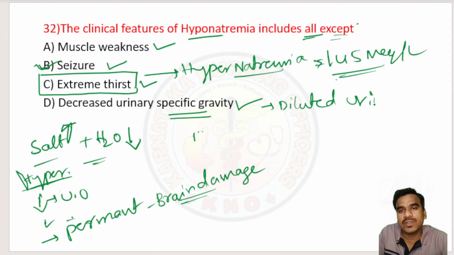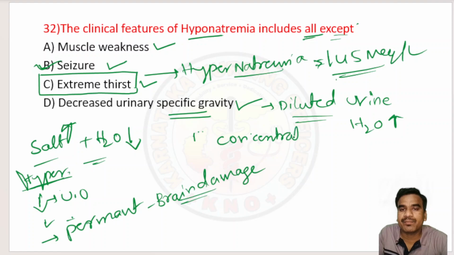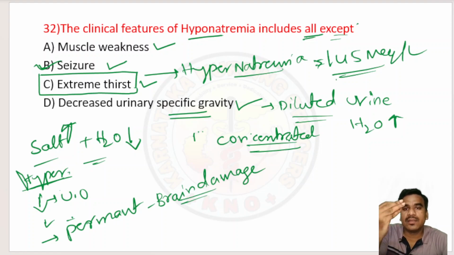Most diluted urine means the water level will be high, so salts will be very less. But in the case of increased specific gravity, you will get undiluted and very concentrated urine. Concentrated urine we see in increased specific gravity.